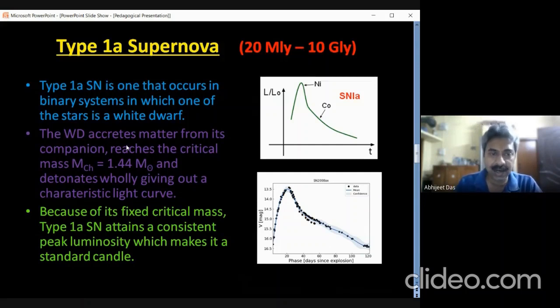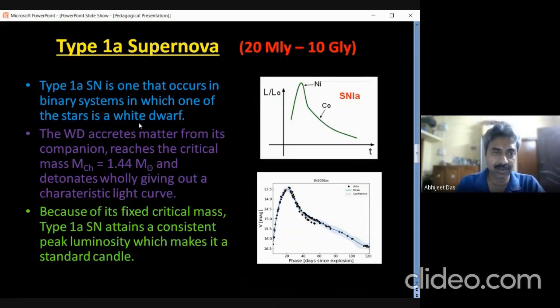And the light curve that is obtained for this supernova explosion is very distinct, and it is shown in the diagram on the right-hand side. Now, because the critical mass is fixed, which is 1.44 solar masses, type 1a supernova explosions consistently reach the peak luminosity, which is constant.